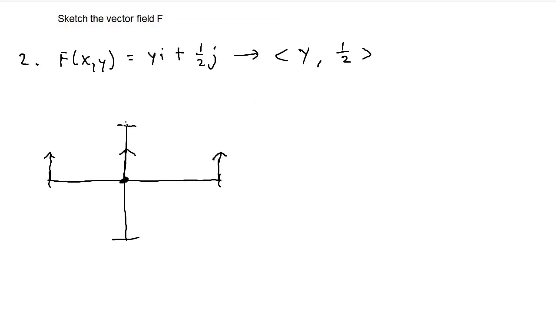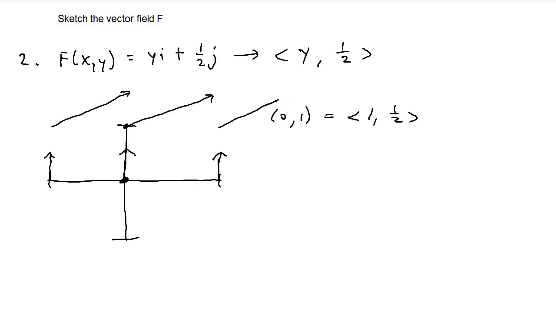Now if we go ahead and pick the point 0, 1, our vector will then be 1, 1/2. So the x component is 1, the y component is 1/2. So the vector will look something like this. And the same thing goes with -1, 1, and also at 1, 1.